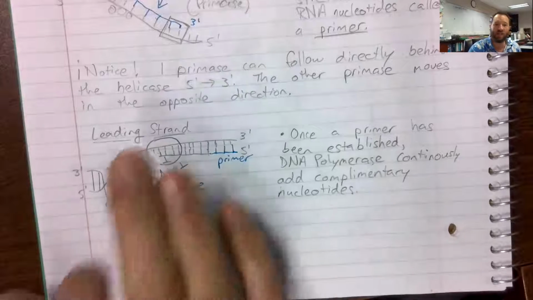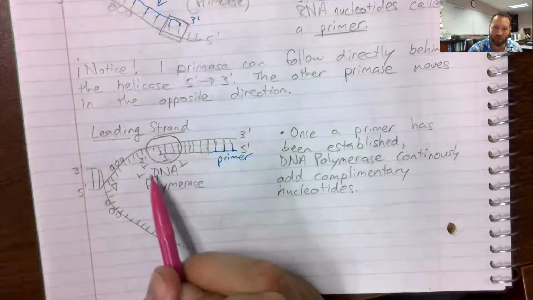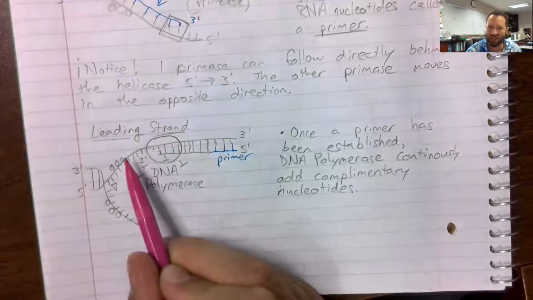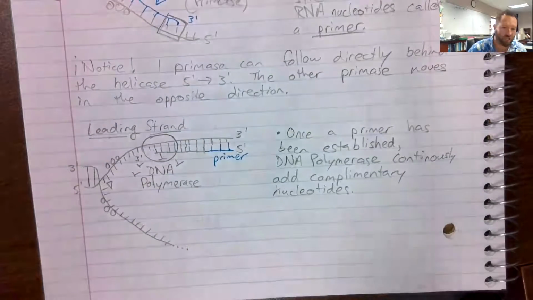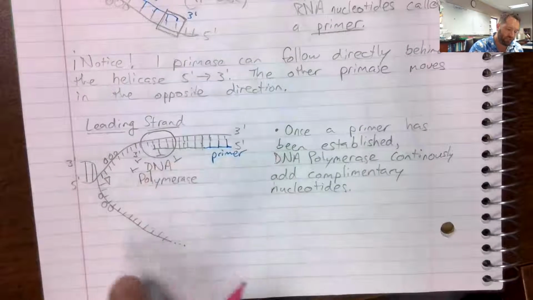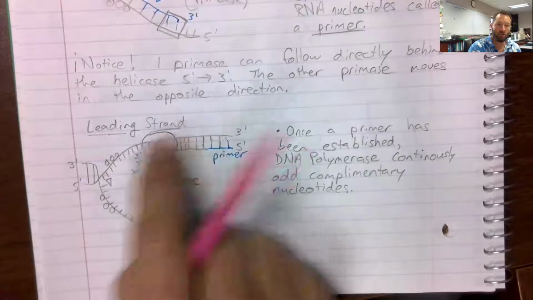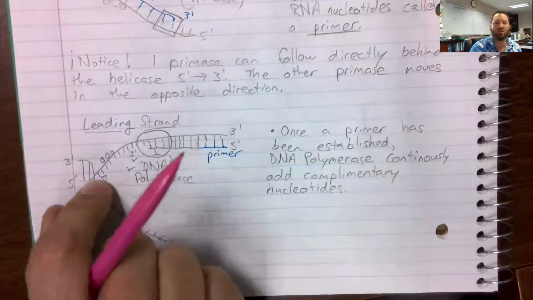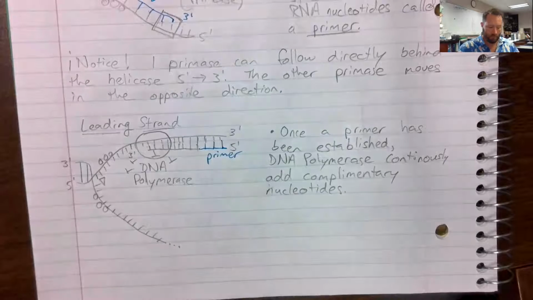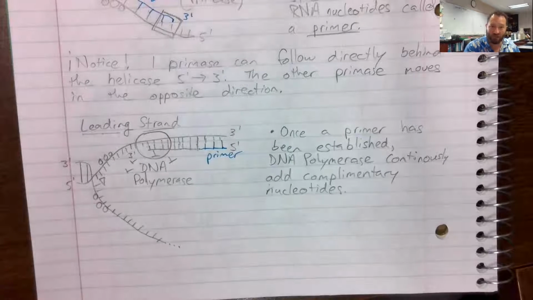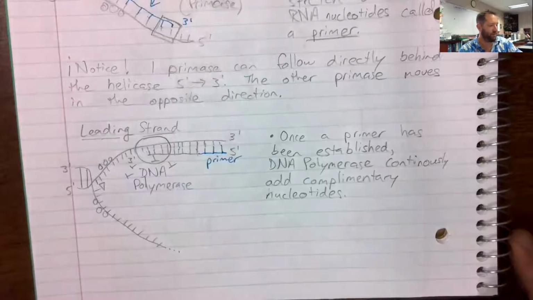And again, what that means, complementary, whenever he reads a T, when the parent strand has a T, he brings over an A. When the parent strand has an A, he brings over a T. When the parent strand has a G, he brings over a C. So those are our complementary nucleotides that he brings over, and he builds and adds onto the strand, and that's that. As helicase continues to unzip more and more DNA, he just follows right behind him, making more and more DNA. The leading strand, really pretty simple. And that's all I've got for the leading strand.